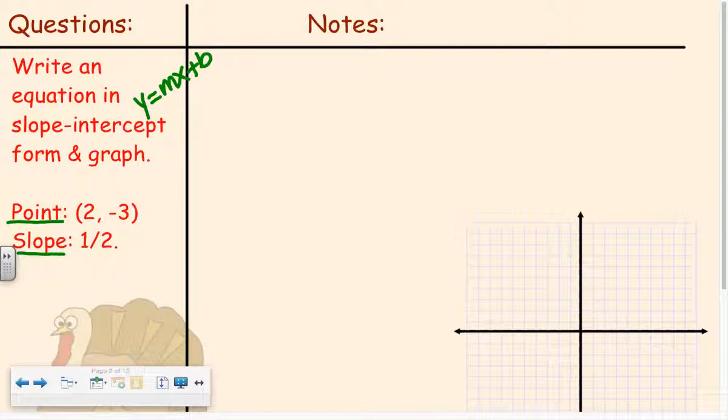In order to put something in slope-intercept form, I need a slope and an intercept. I don't have those two things though. I have a slope and a point. So I'm going to start by putting my equation into point-slope form.